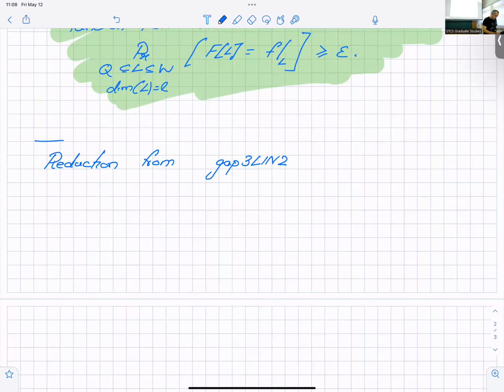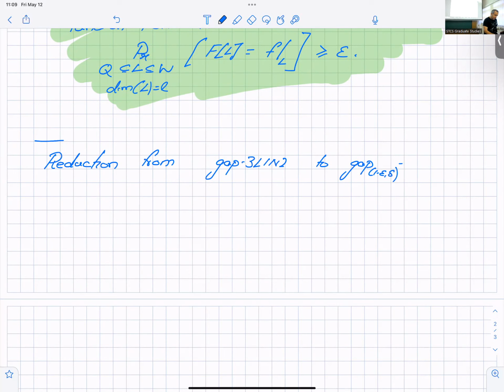And I don't need a 1 minus epsilon versus half gap. I'm just going to work with gap 3LIN-2, gap 1 minus epsilon versus delta.